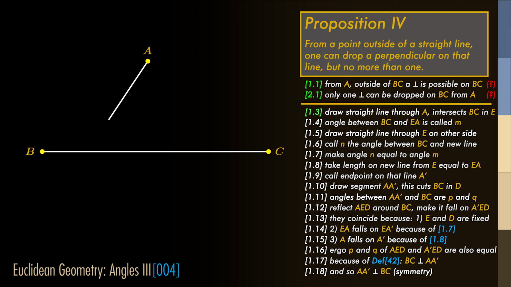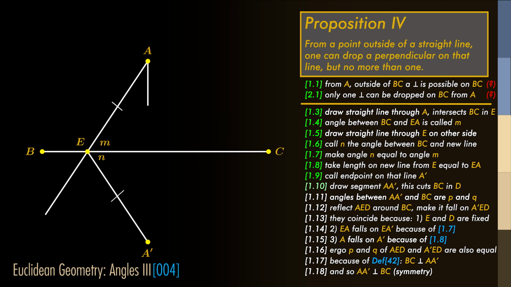Okay, let's draw a straight line through A that intersects BC in E and makes with BC the angle M. Let's now draw a straight line through E on the other side of BC, that is, not the side containing A. This line creates with BC an angle N. We make the angle N equal to M. Now, measure on that new straight line a distance EA prime equal to EA.